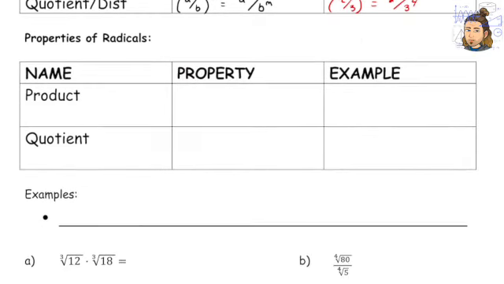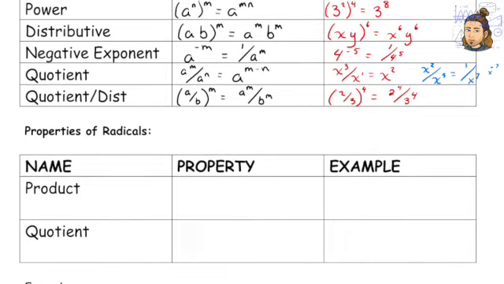So properties of radicals. We have the product property. So the product property basically says that if we have an nth root, so that could be a square root, a cube root, any type of radical, a times b on the inside, we can write this as the nth root of a times the nth root of b.